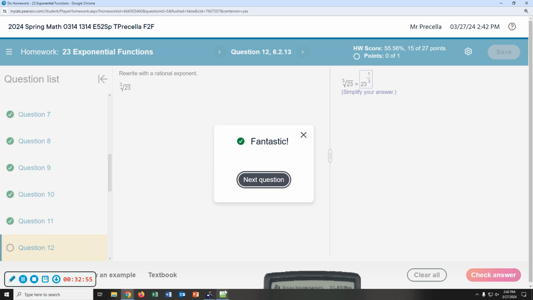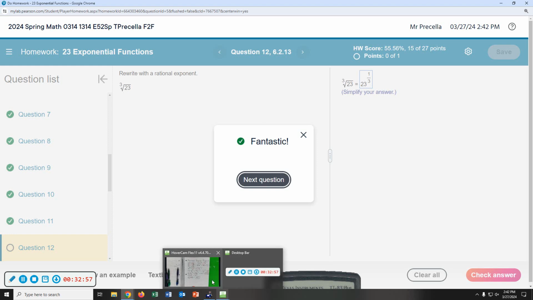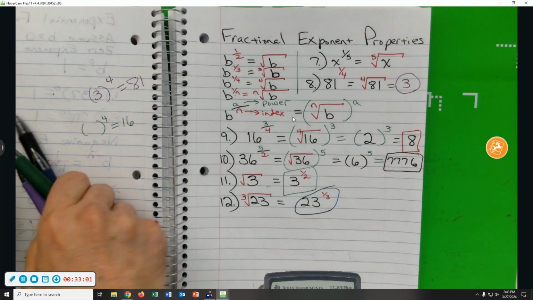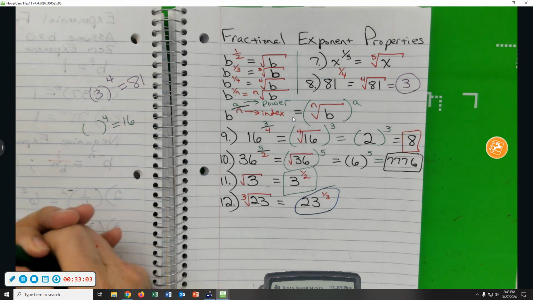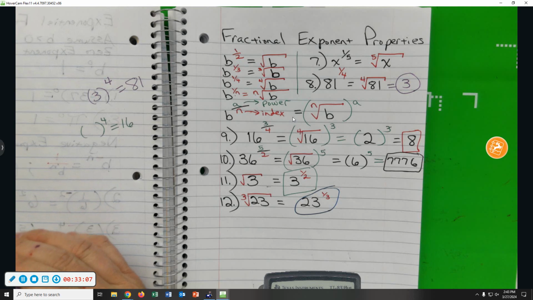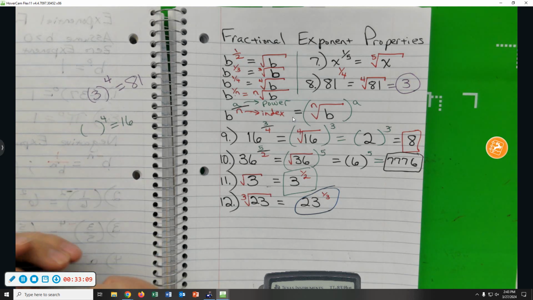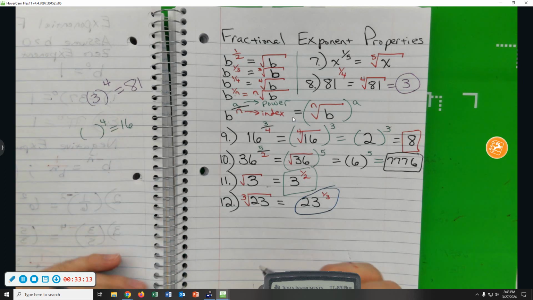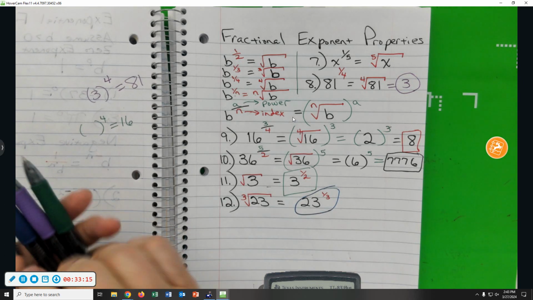I want to define what I mean by an exponential function. An exponential algebraic expression has an exponent that contains a variable.